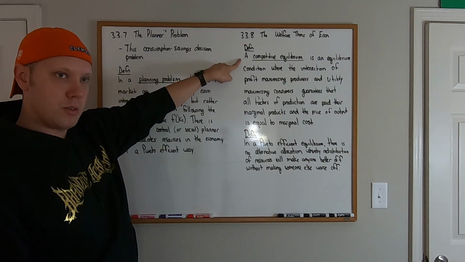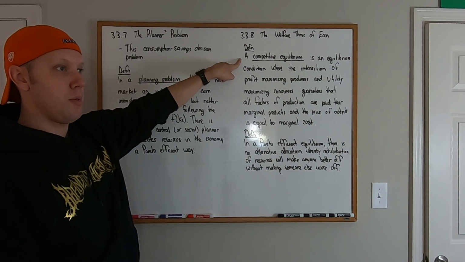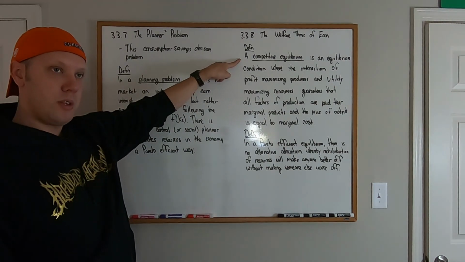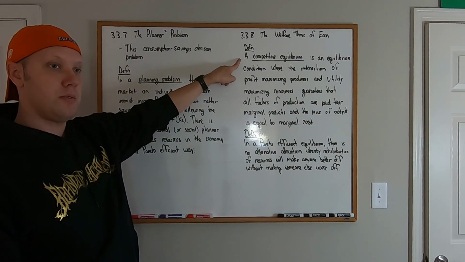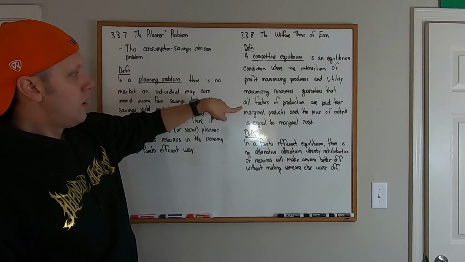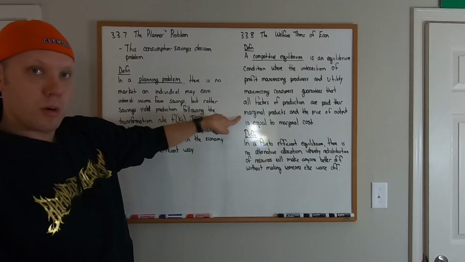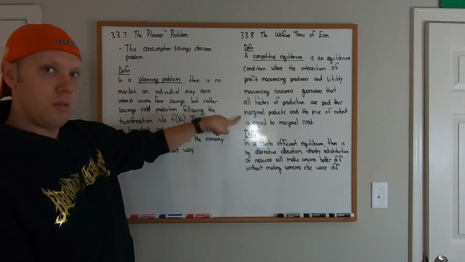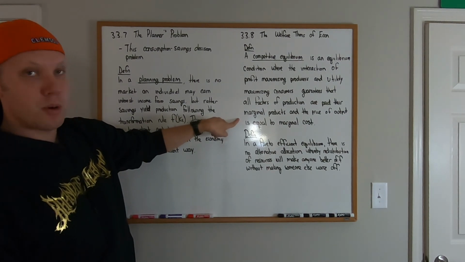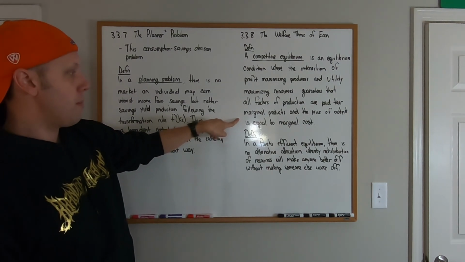Price is equal to marginal cost. So if you remember from principles of micro, the marginal product of capital is equal to the rental rate of capital. The marginal product of labor is equal to the wage rate. So factors of production are paid their marginal products. The rental rate on capital is earned for capital. The marginal product of labor, the wage rate, is earned for labor.